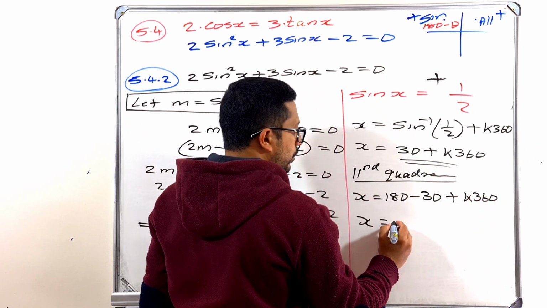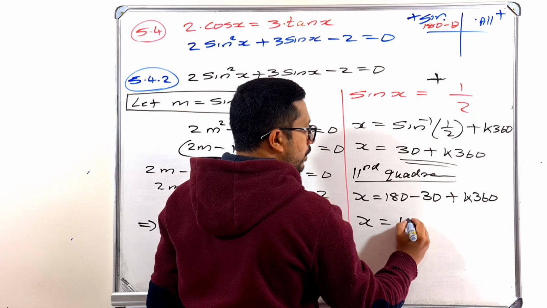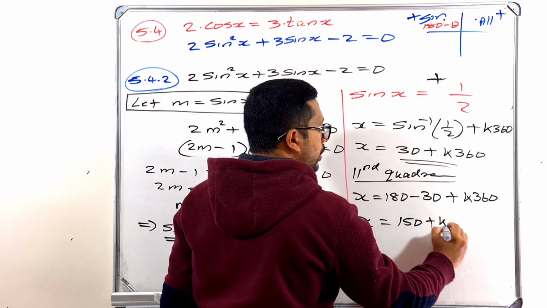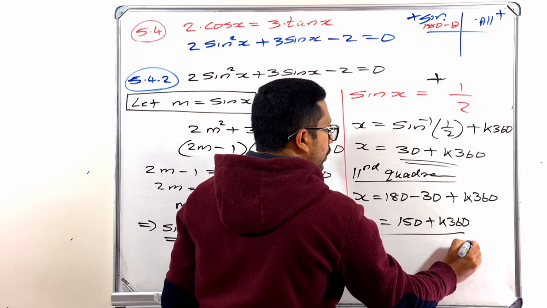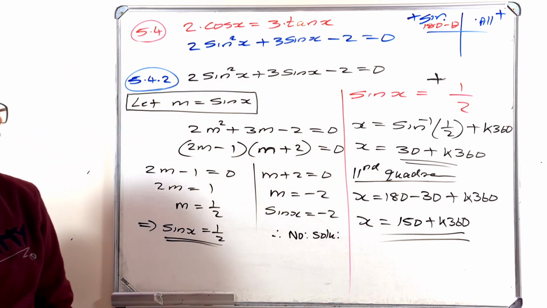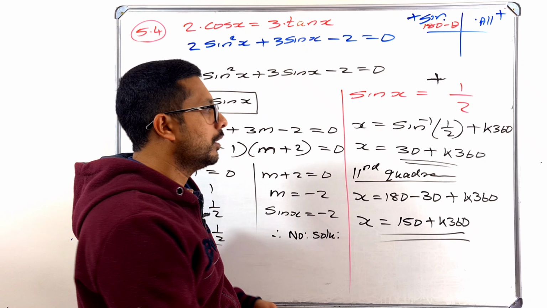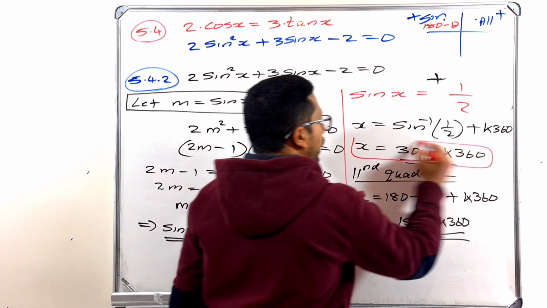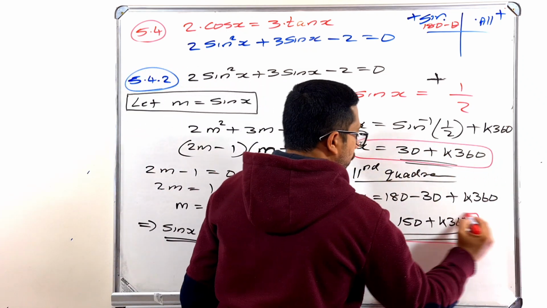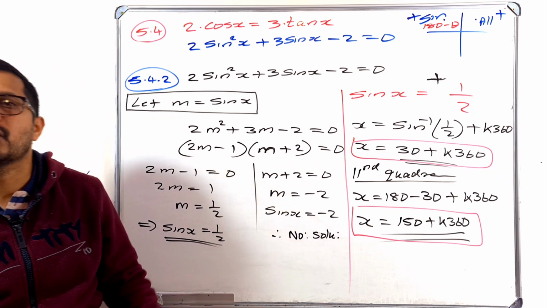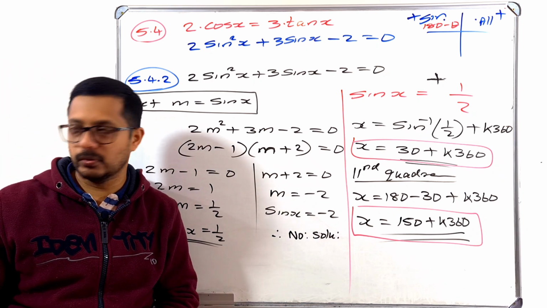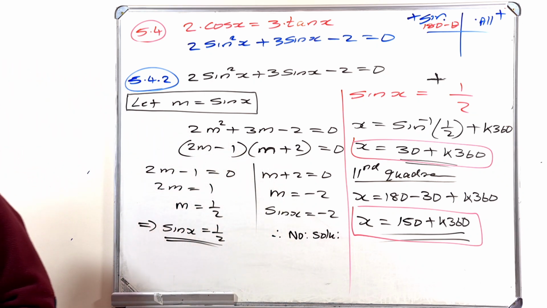So x is equal to 150 plus k 360. So there are two solutions. One is x is equal to 30 plus k 360 and the second one is 150 plus k 360. This is one method. There are so many other methods also. So this is the general solution for that equation.